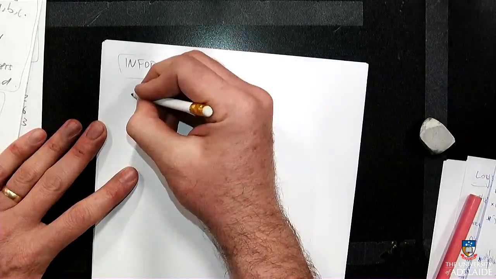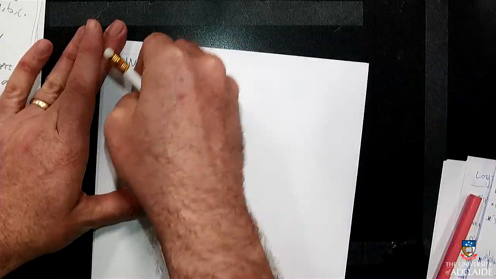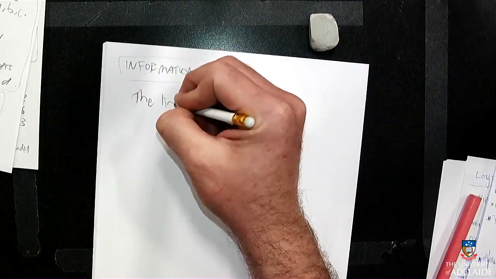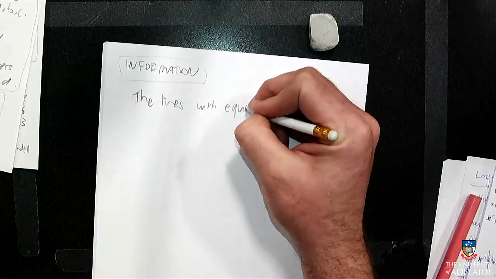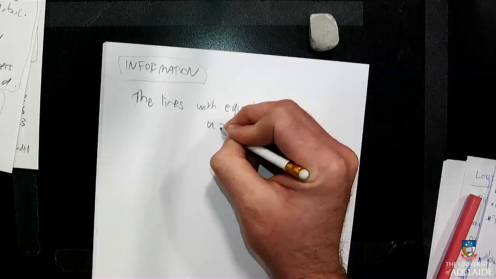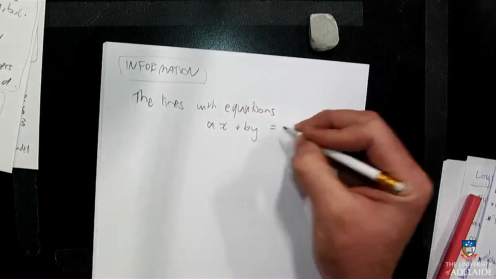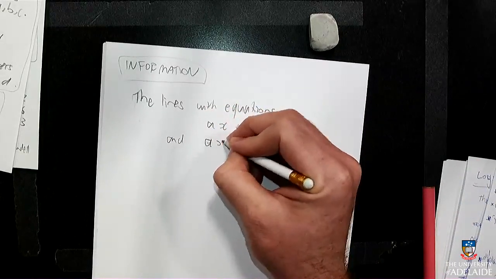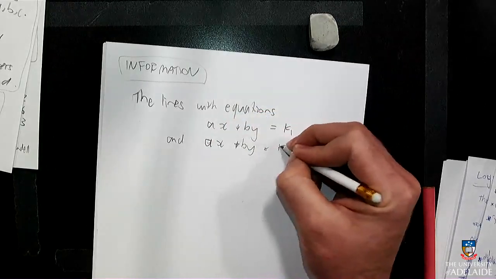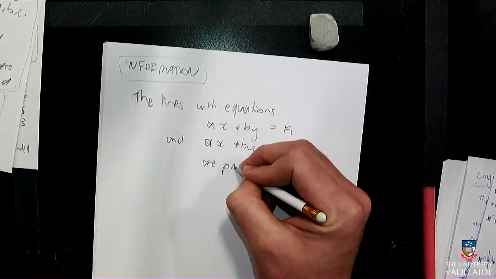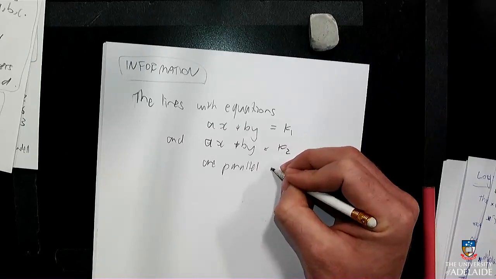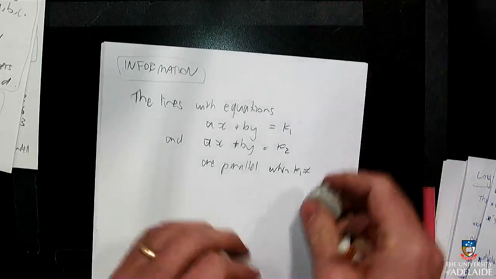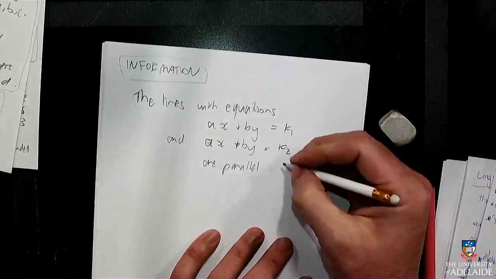So the lines with equations ax plus by equals k1 and ax plus by equals k2 are parallel when k1 is not equal to k2. I mean, technically they're the same line when k1 equals k2, right?